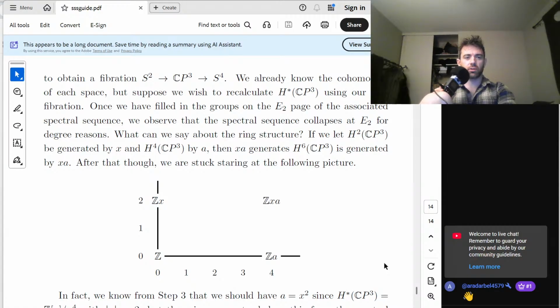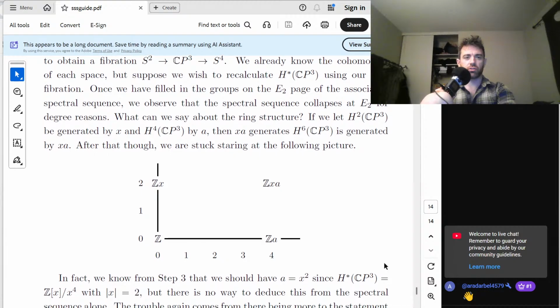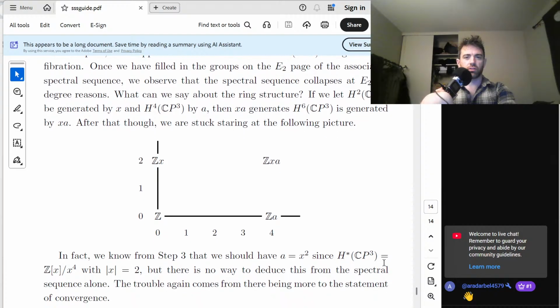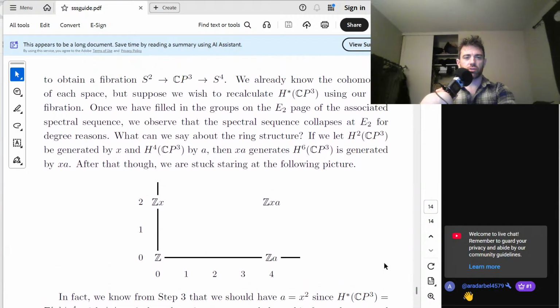Anyways, we already know the cohomology of each space, but suppose we wanted to recalculate this using our new fibration. Once we have filled in the groups on the E2 page, we observe that the spectral sequence collapses at E2 for degree reasons. What can we say about the ring structure?